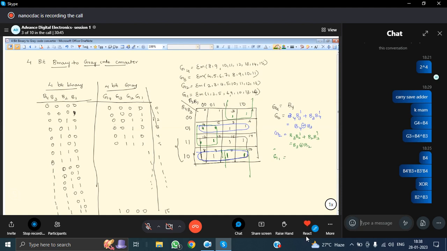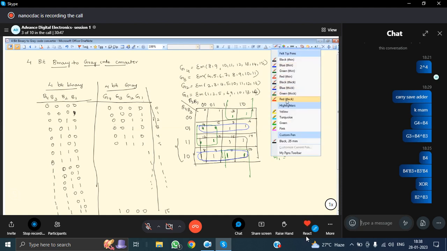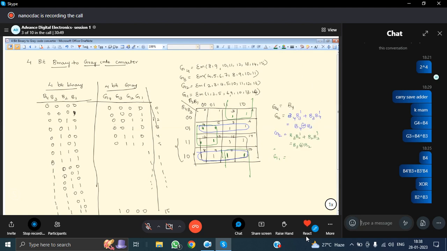And similarly G1 will be equal to 1 2 5 6. Take another color. 1 2 5 6, 9 10 13 14. Where are 13 14?